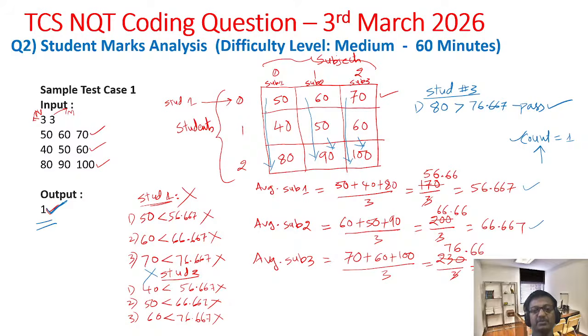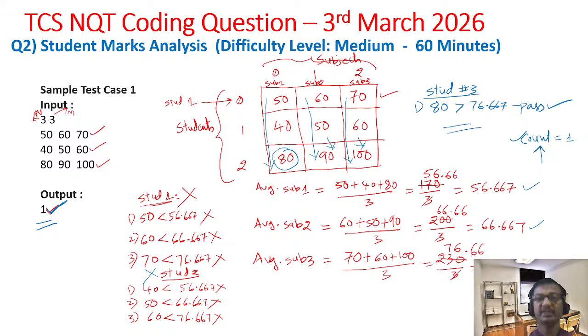Then again you need to traverse the matrix horizontally, row-wise, because for each subject you need to compare. So once a student has passed in one subject, assume it is the first subject, then no need to compare. You can stop comparing for the remaining subjects and go to the next student. This is how you can develop the logic.